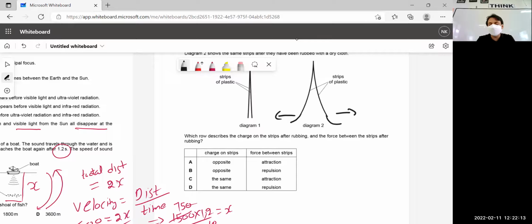Repelling is only possible if they have the same charge, whether positive or negative, it doesn't matter. I can see the repulsion here, and repulsion is possible if they have the same charge, so that's why the right answer is B.